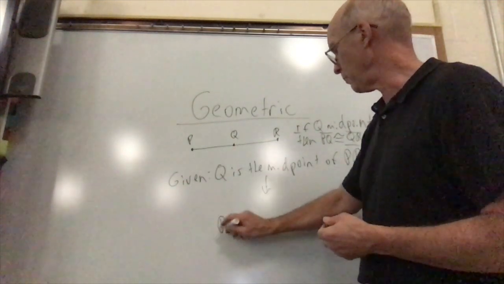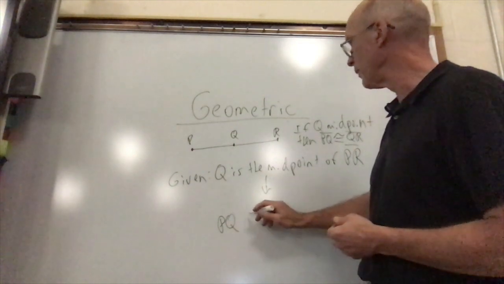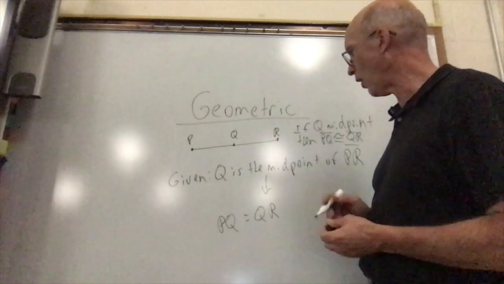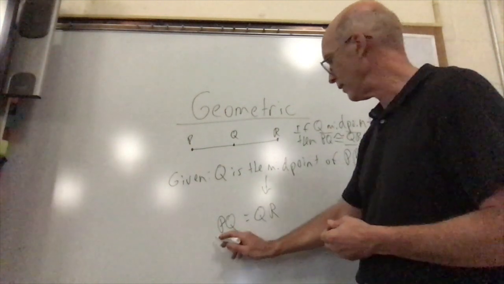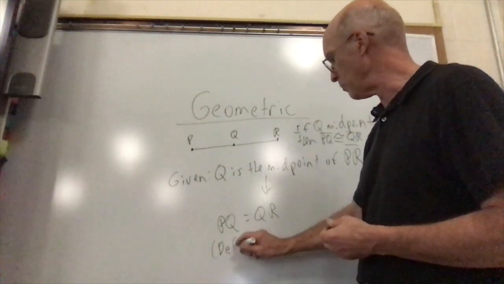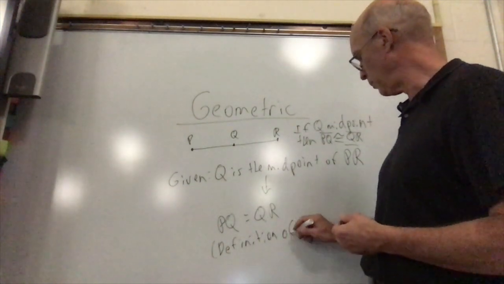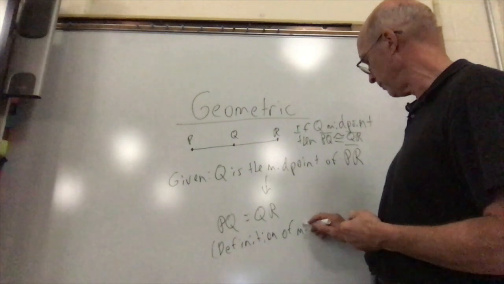distance from P to Q is the same as the distance from Q to R. And how do I know that? Because that's what it means that it's a midpoint. Midpoint means exactly in the middle.